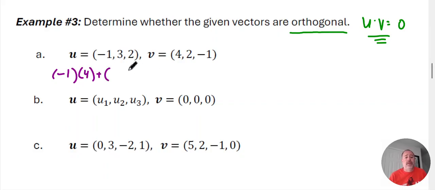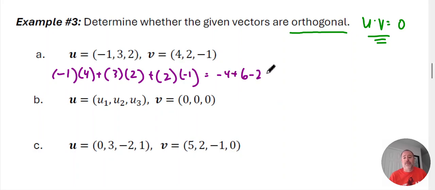And then you get -3 times 2. And then you're going to add 2 times -1. And we're going to get -4, +6, -2. So since our dot product of u and v is actually equal to 0, then we can say that yes, u and v are orthogonal.